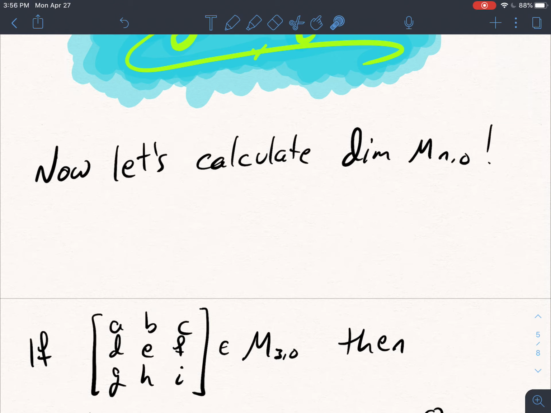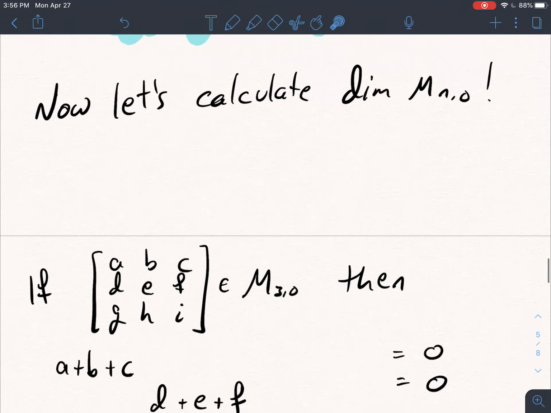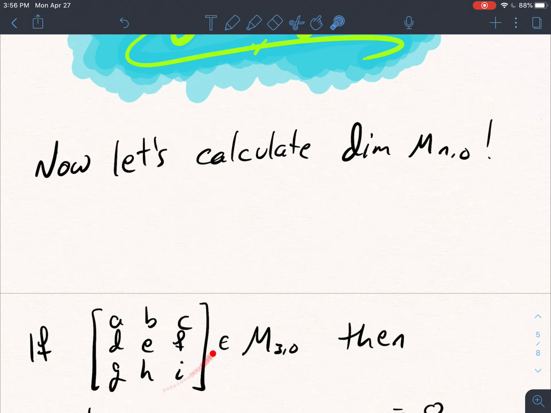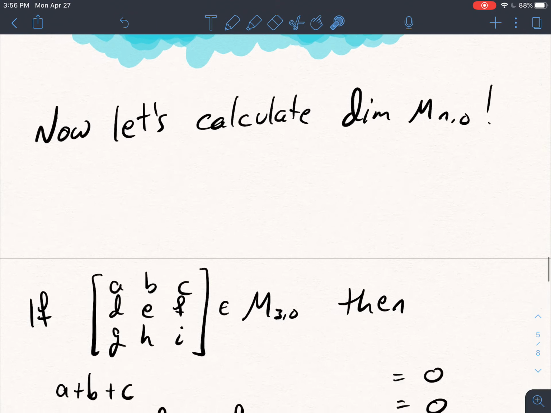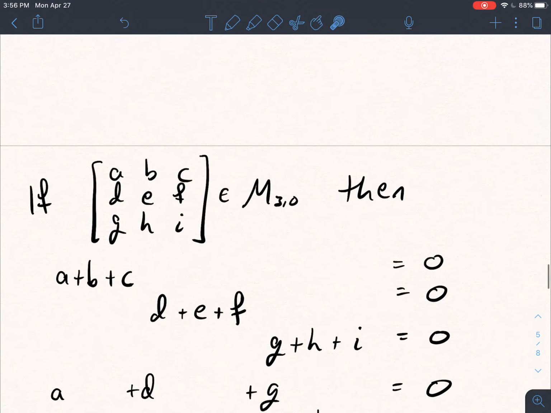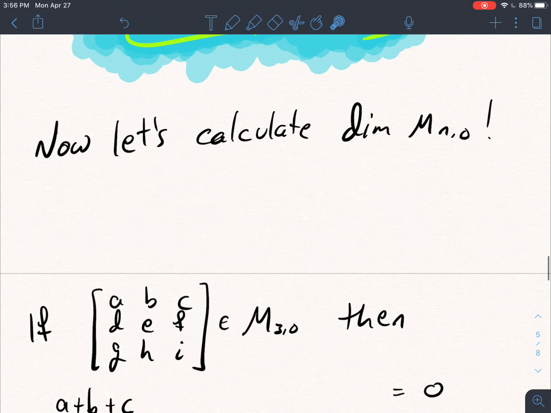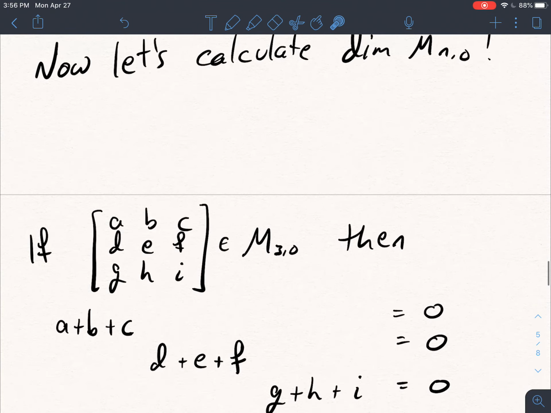Well, let's take a 3 by 3 magic square where the magic number is 0. The fact that this is a magic square tells me that there are a bunch of linear equations that are satisfied here.